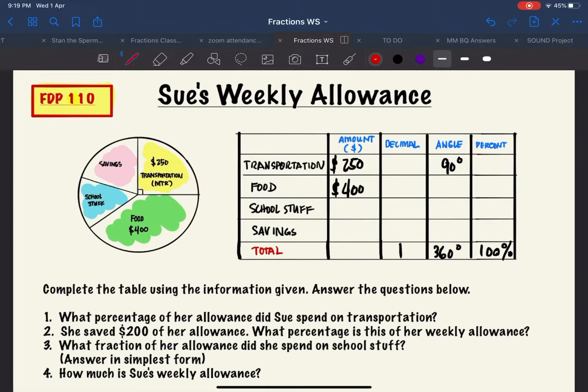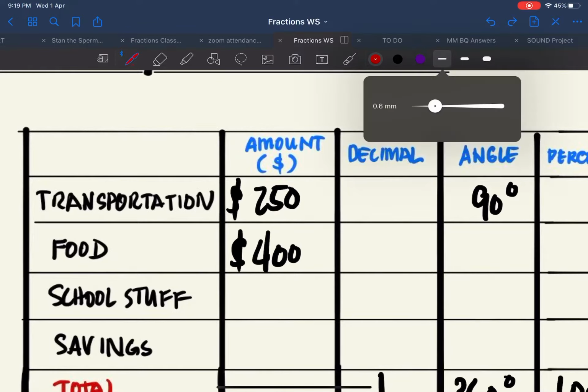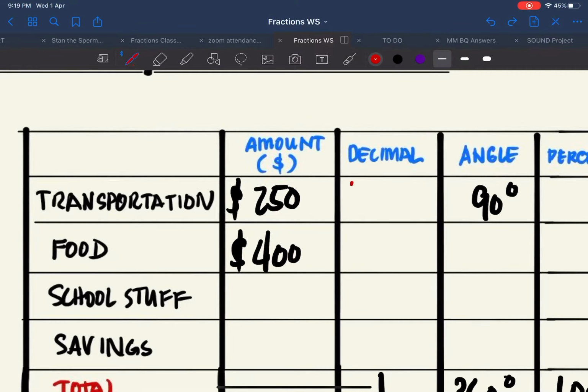We can calculate the decimal for that one. So how do we do that? So we do 90 degrees divided by 360 degrees, which will give you 0.25, okay?